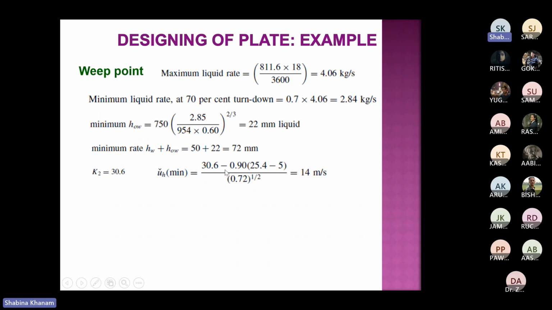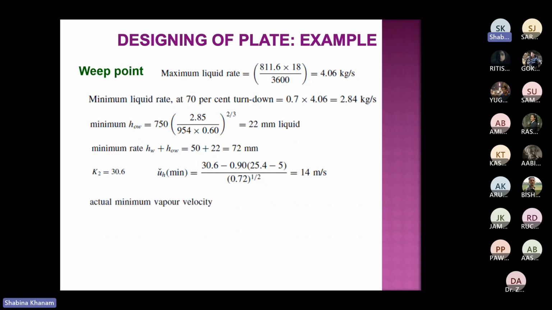So UH you can consider as this, this is K2, and all parameters are given. This is hole diameter, 5 mm, and all parameters, you know, this is density. So 14 meter per second is the vapor velocity through holes at which weeping occurs, what we can say, this is the minimum velocity, right?